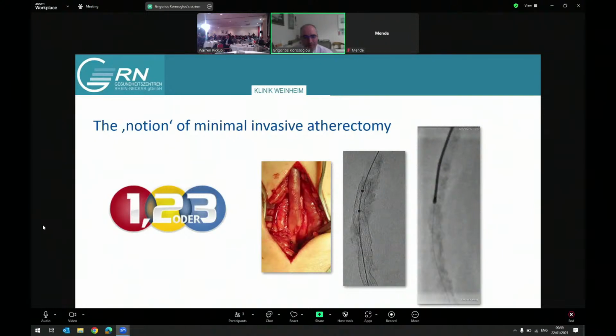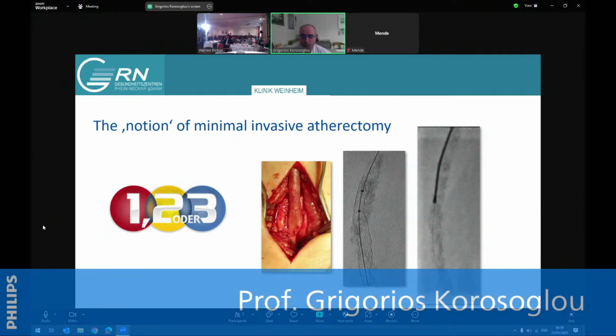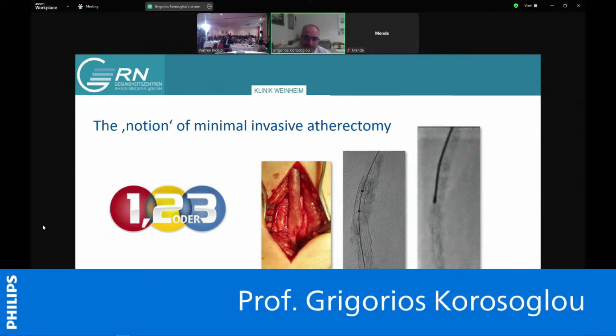Basically there are 3 types of revascularization, or the 3 types to treat a lesion. Of course, you can bypass a lesion by doing open repair. Secondly, you can do conventional angioplasty and then squeeze the lesion apart to the vessel wall and then put stents inside.